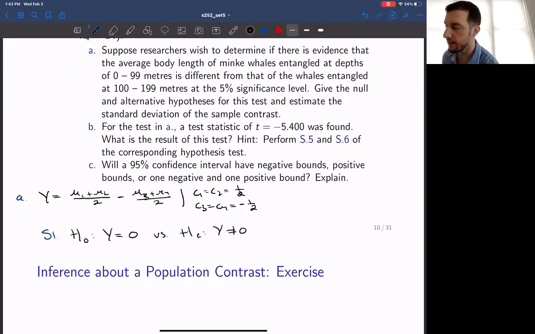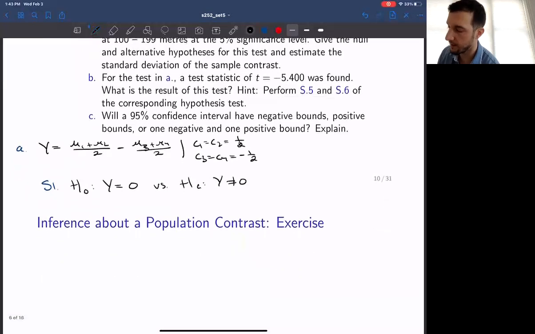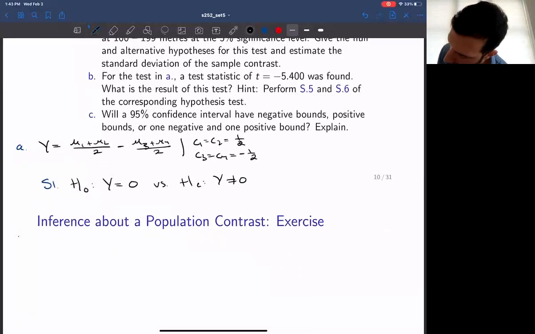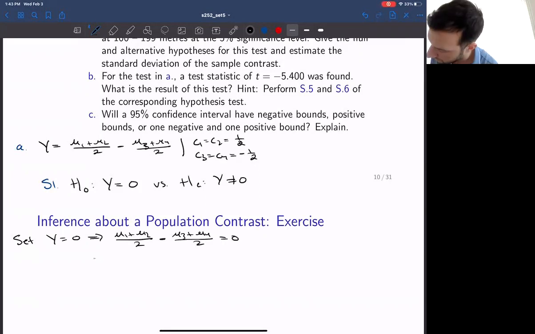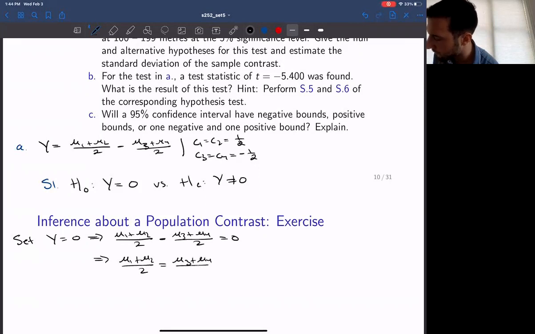Now for clarity, let's take a closer look at what this is actually saying. Set gamma equal to 0. This gives (mu1 + mu2)/2 minus (mu3 + mu4)/2 equals 0, which gives (mu1 + mu2)/2 equals (mu3 + mu4)/2. So this is just a standard style of testing for a difference between two things.